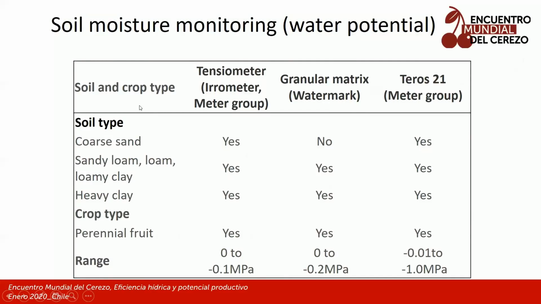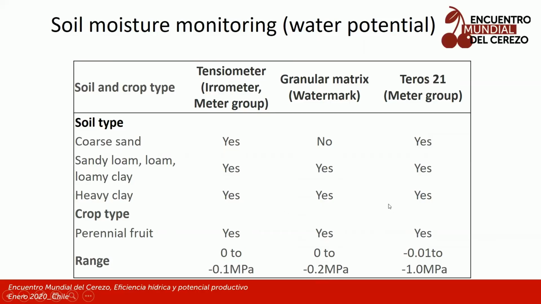Until recently, soil moisture potential measurements have been limited to soil moisture potentials between 0 and minus 0.2 megapascals for granular matrix sensors such as watermark, or between 0 and minus 0.1 megapascals for tensiometers.